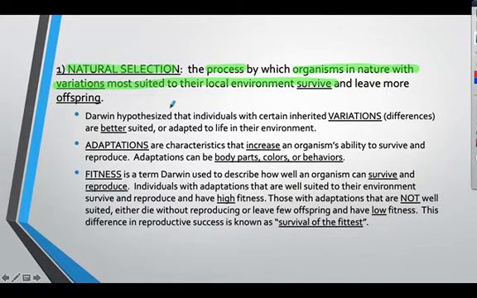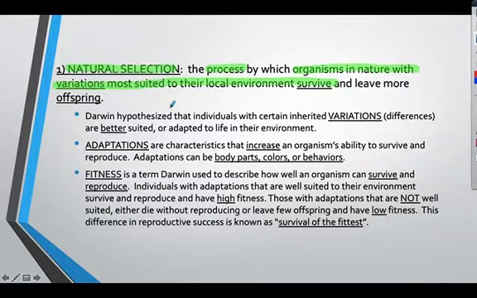So basically what that is, it's a process in which the organisms that are best suited, that fit into their environment best, they blend in, they can catch food best, they're fast, they get away from their predators, they're just better suited to their environment, they're going to survive longer, and then they obviously are going to have more offspring.